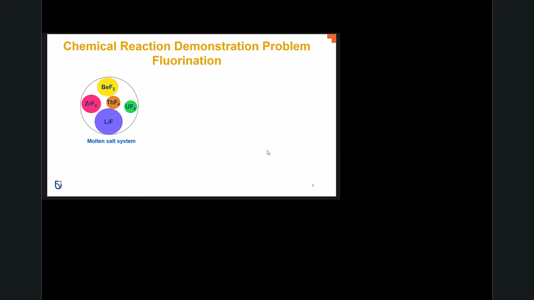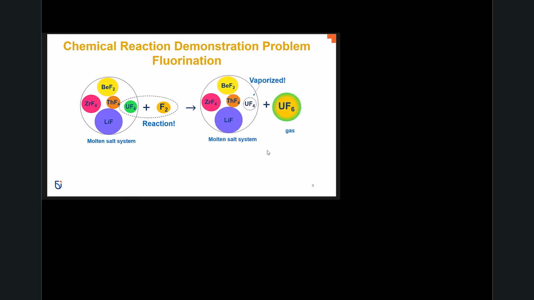To recover the UF4, our fuel here, one of the processes you can use is to vaporize UF4 by injecting fluorine. It's a very reactive gas, and it will attach to UF4 and vaporize it, forming UF6, uranium hexafluoride.